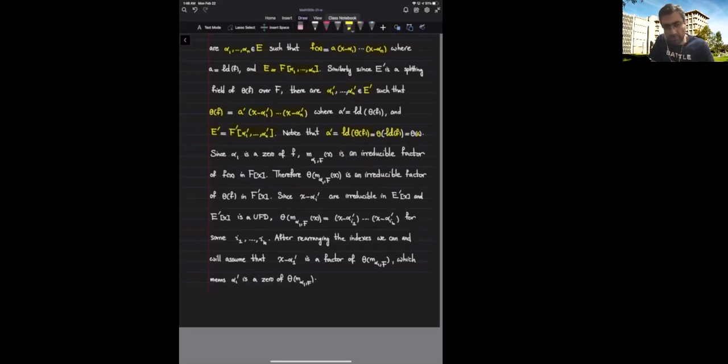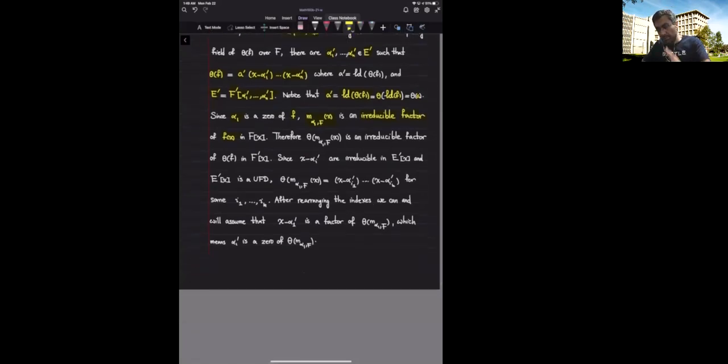So we choose one of the zeros, let's call it alpha 1, and we do know that it's an algebraic element because it's a zero of the polynomial f, and that means the minimal polynomial of alpha 1 over the field F is irreducible. It's irreducible and it divides the polynomial f, because alpha 1 is a zero of this polynomial. So it's an irreducible factor of the polynomial f of x.